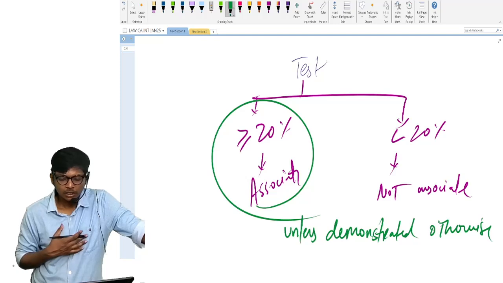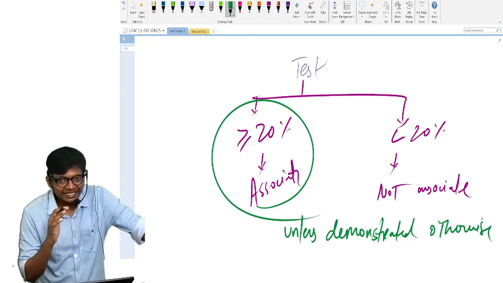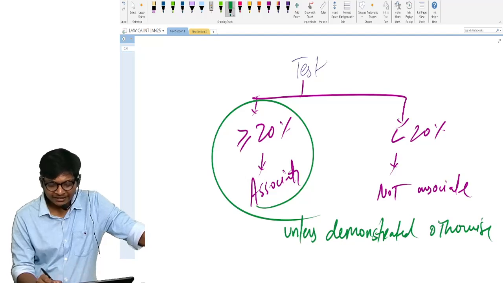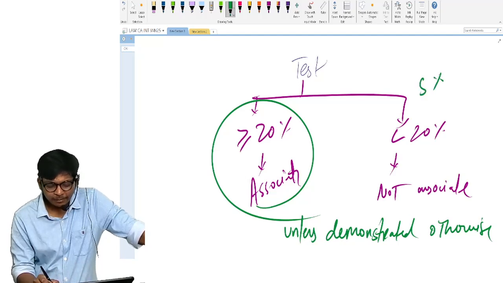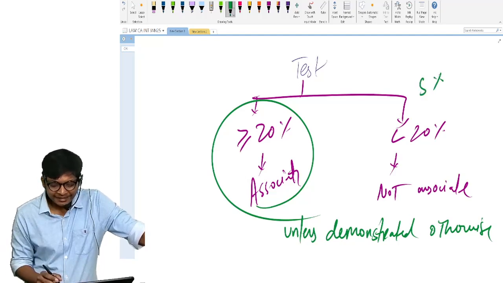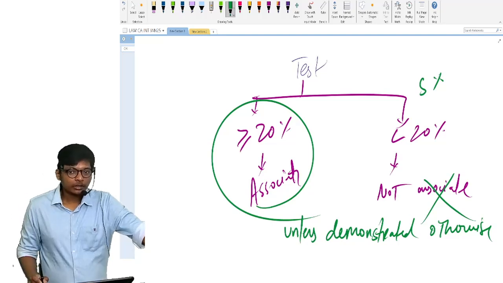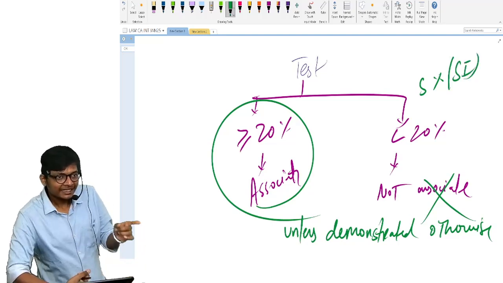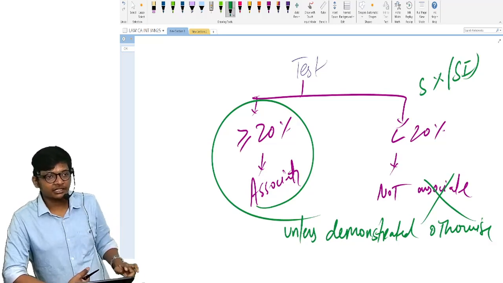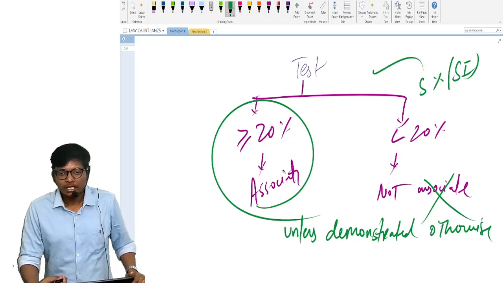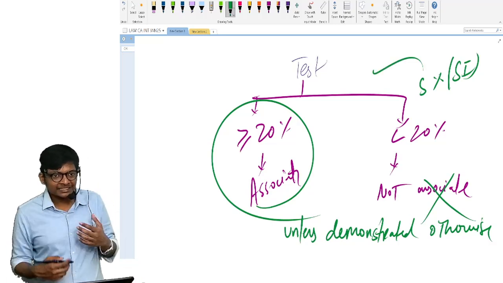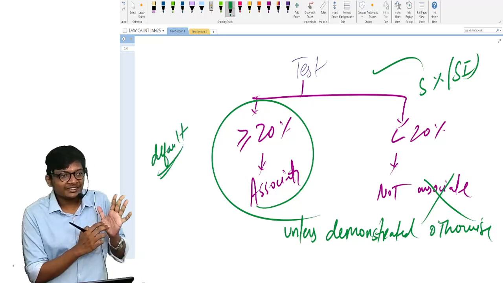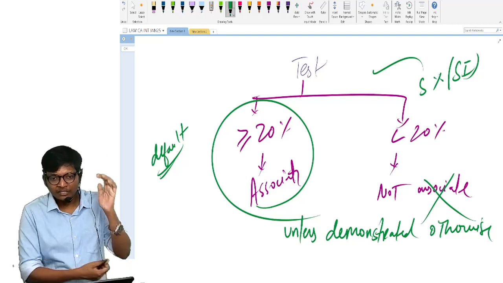Meaning, MS Dhoni in CSK might have, let's say, 5%. Is he an associate? No. But Dhoni has significant influence. He controls operating and business decisions. Then he becomes an associate. So the act also says, as a rule, default. Like our phone has a default setting, in the system there is a default setting.